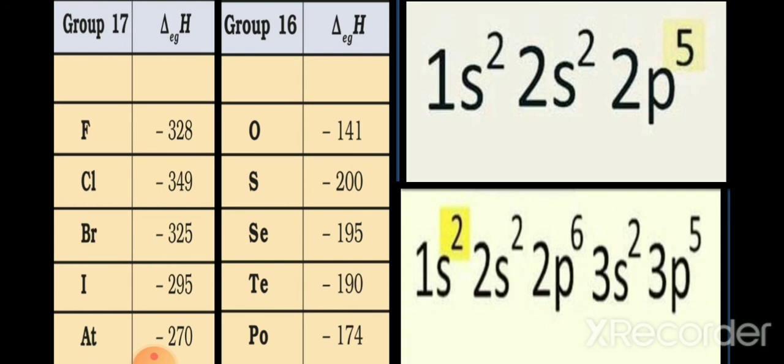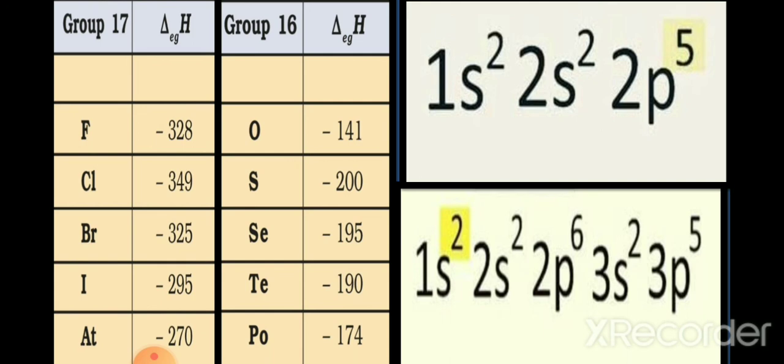This is because when an electron is added to fluorine, the added electron enters the 2p orbital of the second shell. Whereas in the case of chlorine, the added electron enters the 3p orbital of the third shell. So if an electron enters the 2p orbital of the second shell, that is in the case of fluorine, that electron will suffer repulsion from the other electrons present in the energy level.